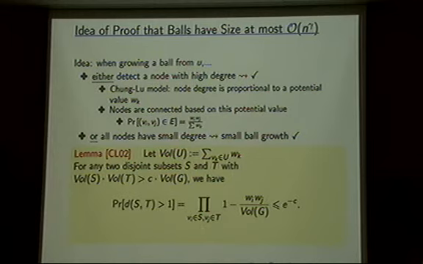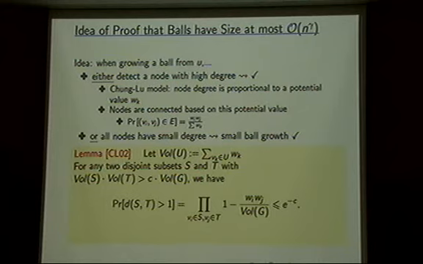So let the volume of a set U be... oh, I should probably introduce the Chung-Lu model first. What they do is each node has its degree proportional to a potential. They take a distribution that looks like this power law distribution, and each node gets a value out of this distribution, which corresponds to its degree.